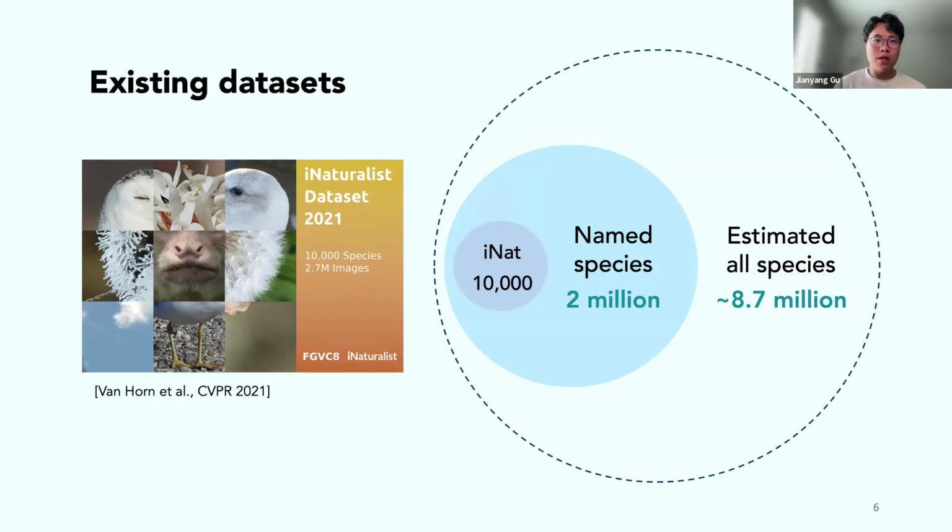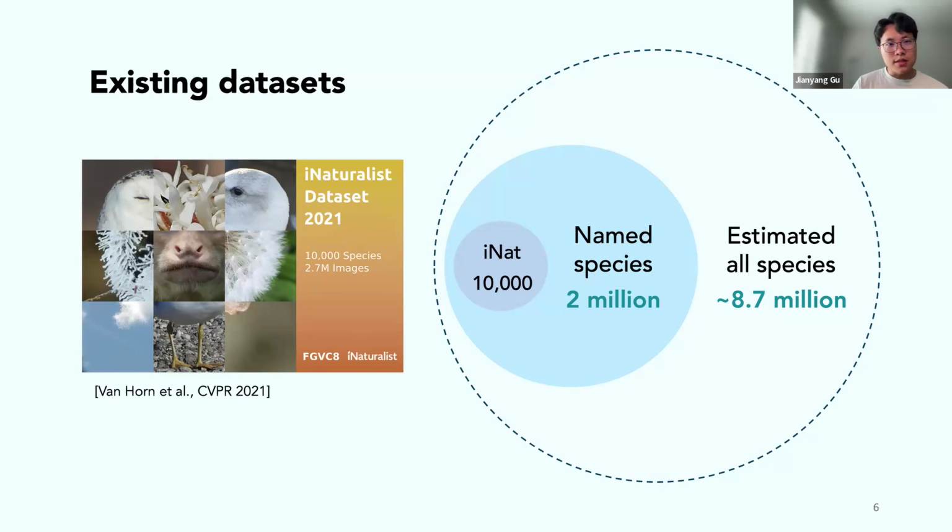So in this sense, we can see that iNaturalist's 10,000 species is only a tiny, tiny bit among these 8.7 million. So this dataset, while it is well adopted by computer scientists, cannot really represent this Earth.